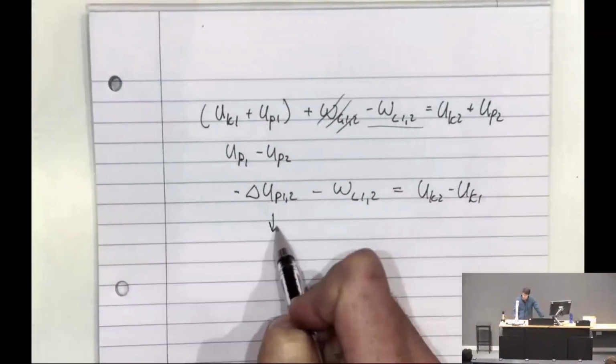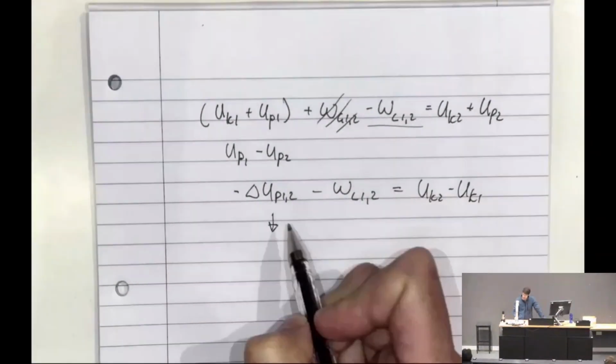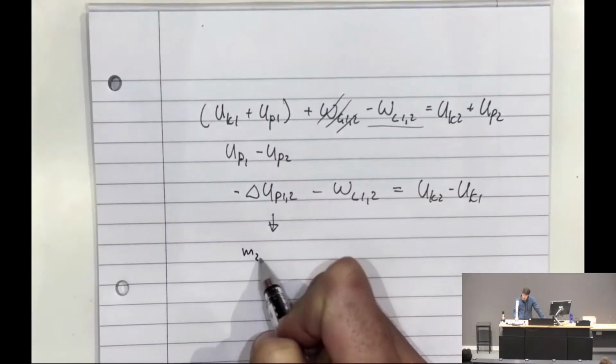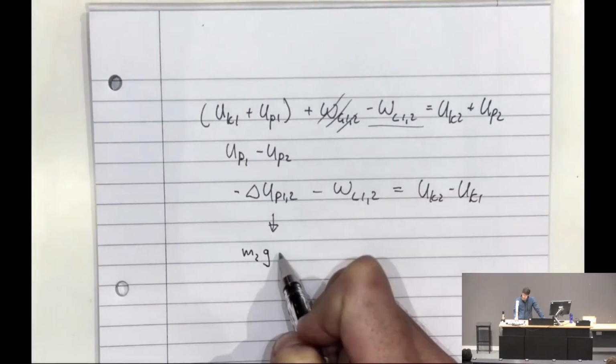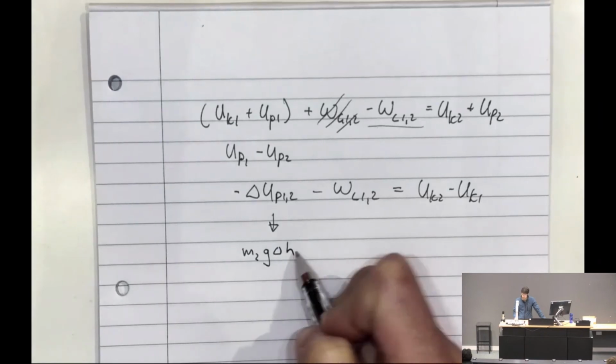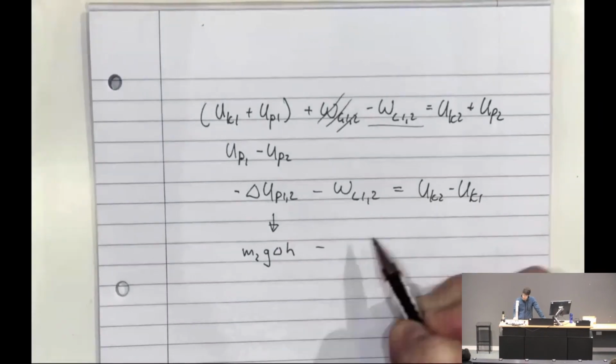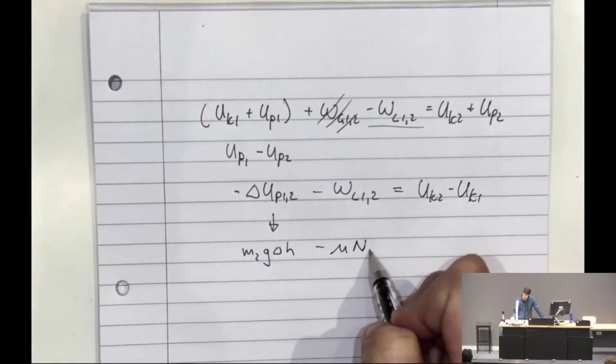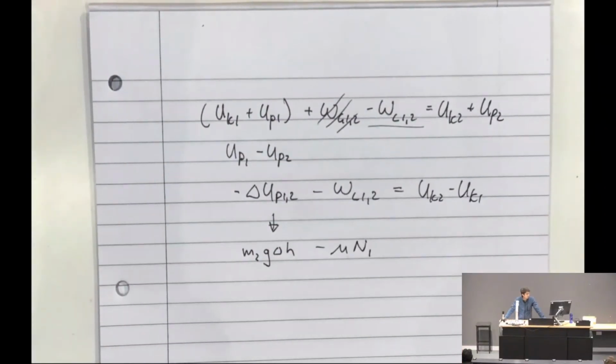Now, if we look at this term here, that is essentially just the change of potential energy of mass 2. So that is mass 2 times the gravitational acceleration times delta H, which in this case is 2, minus the frictional forces, which is of mass 1. It's the frictional coefficient 0.2 times the normal force of mass 1.